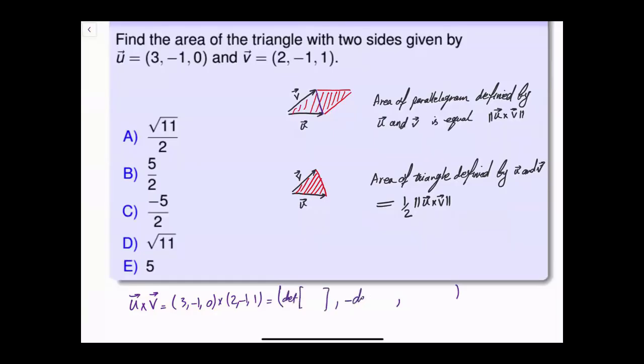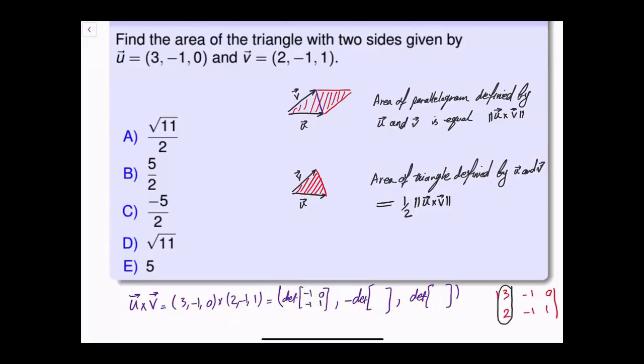Again, we have three components: determinant, minus determinant, and then the last determinant. So what are these numbers? We'll put u in the first row, v in the second row. Now cover the first column there. That will give me -1, 0, -1, 1.